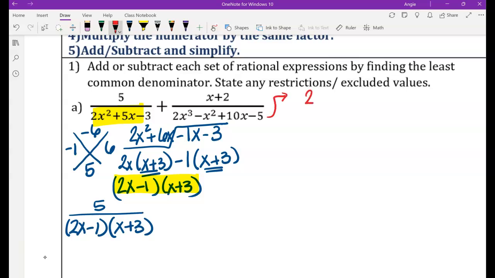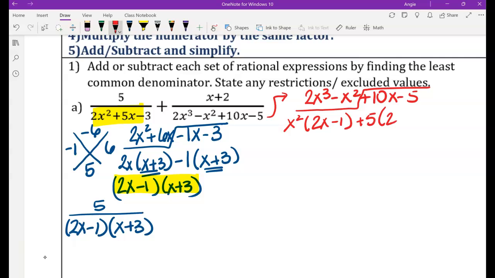Next, we are going to factor this four-term expression, which I'm going to copy again: 2x to the third minus x squared plus 10x minus 5. Check for the GCF. There isn't any, so we're going to go with x squared times 2x minus 1. We see a positive, so we take out positive 5, 2x minus 1. They do have an identical 2x minus 1, so we are going to take that out.